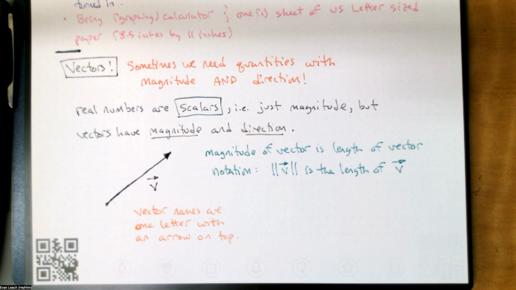Because absolute value is a specific kind of norm, a specific length. So the absolute value of a number is kind of like the length of the number, its distance from zero.